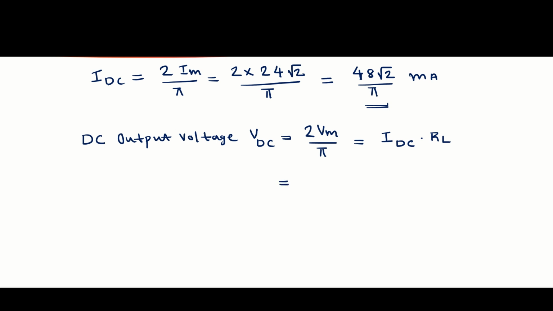So we know that the value of IDC is 48 root 2 divided by pi, and the RL value is 10 kilo ohm, that is 10 into 10 raised to 3.